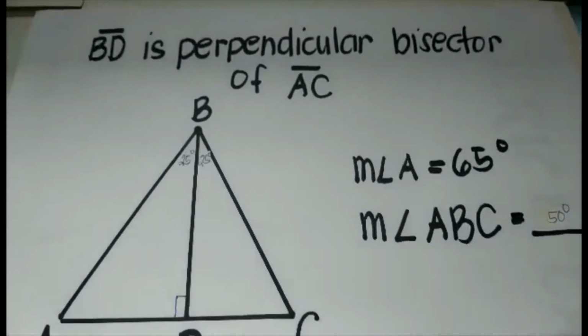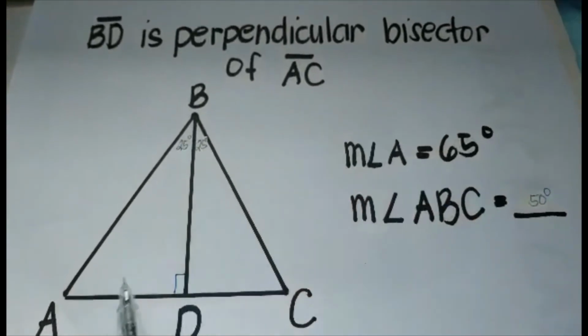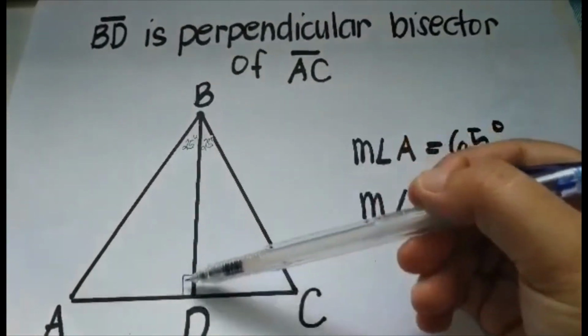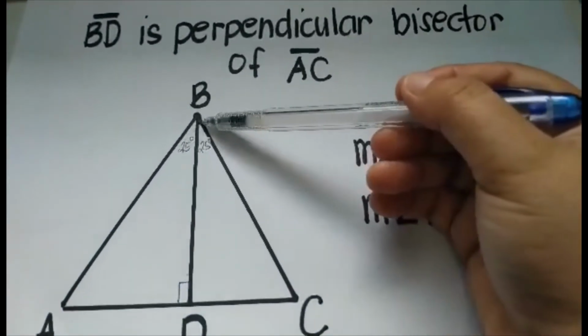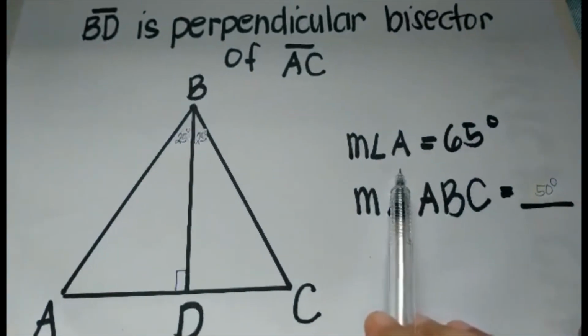Okay, last figure we have here. BD is a perpendicular bisector of segment AC. Meaning, this segment is perpendicular to AC and at the same time is bisecting angle B. So we have there, measure of angle A is 65.